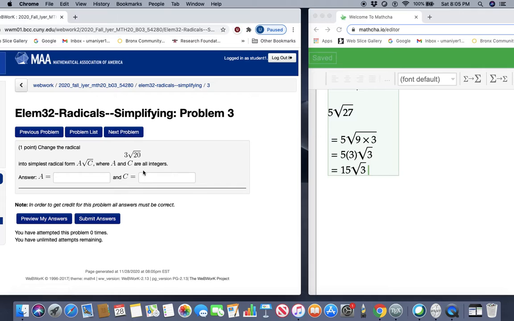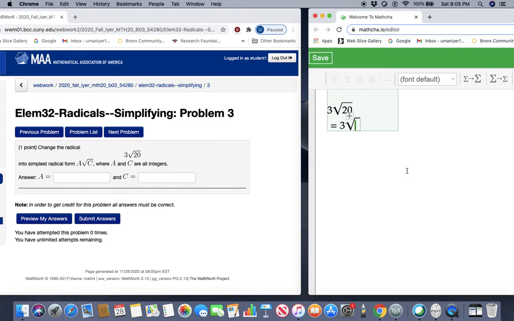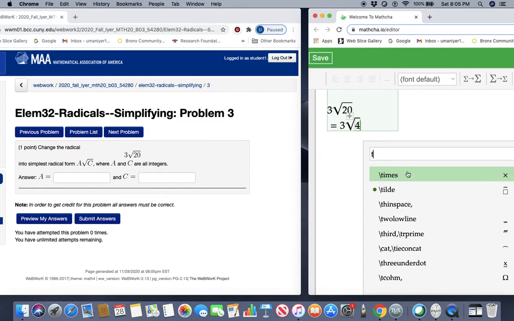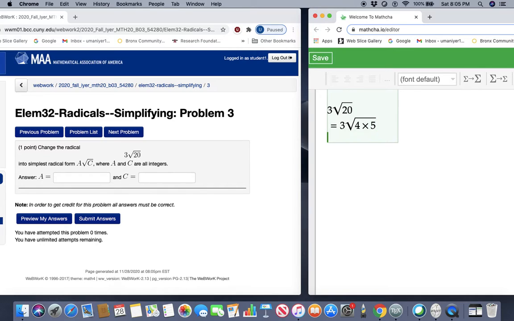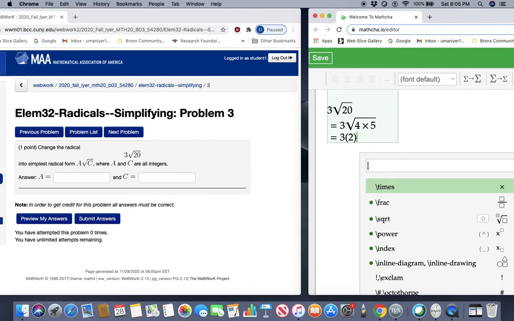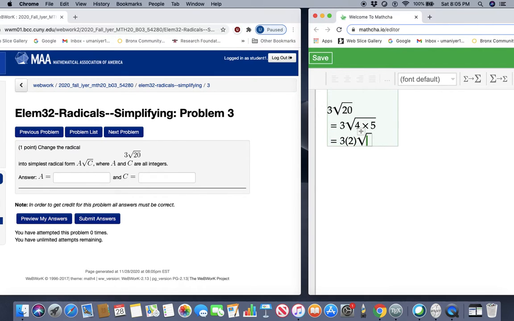Next problem. 3 square root 20. That is the same as 3 square root of 4 times 5, which is the same as 3 times square root 4, which is 2, and square root 5 I cannot improve, so it stays inside, right?